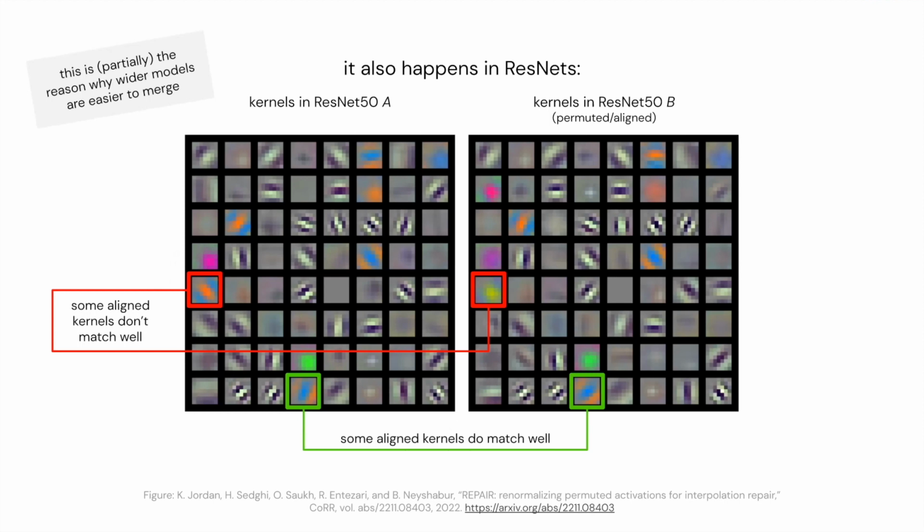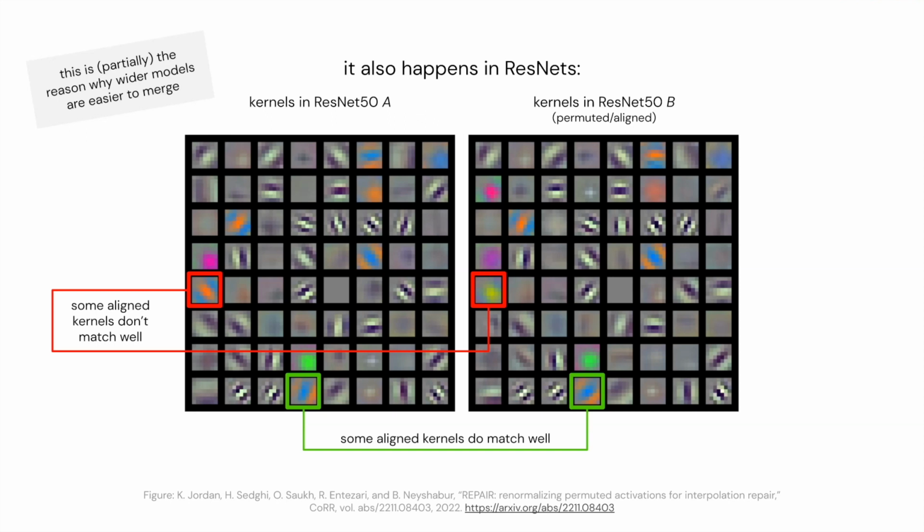You see that some kernels, after you do the alignment, do match well, and some other kernels don't match well. The reason is that both networks learn similar features, but they are, of course, not perfectly identical. So you can't always find a good matching.